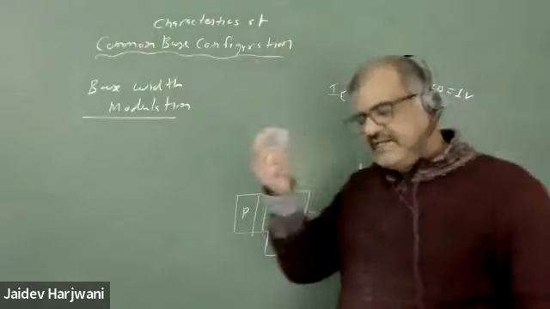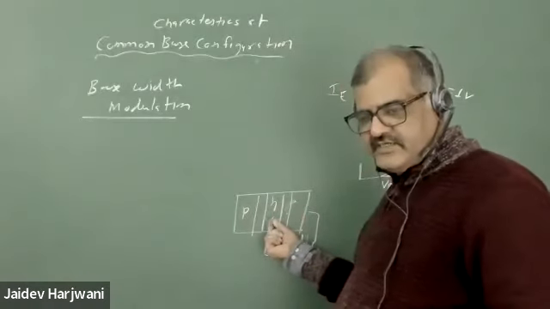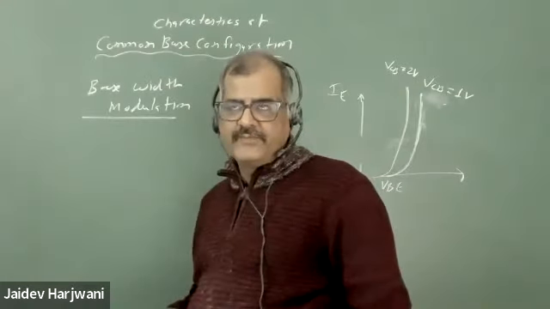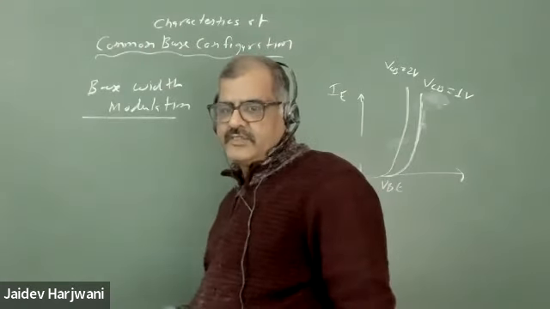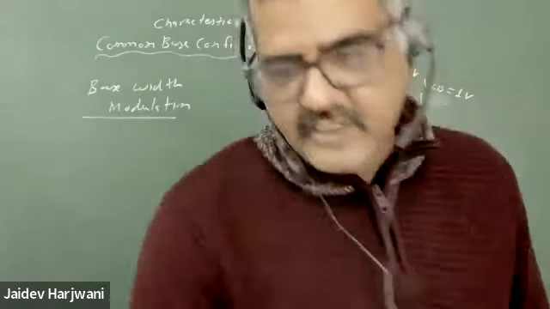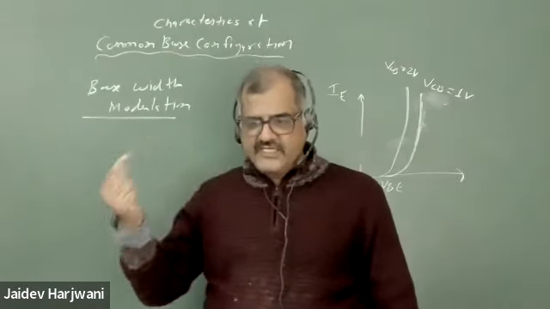Once this base decreases, there is less recombination, isn't it? That means less of the injected carriers will be lost, so most of them will reach here.